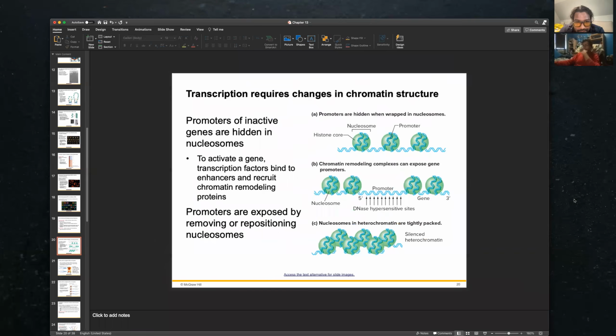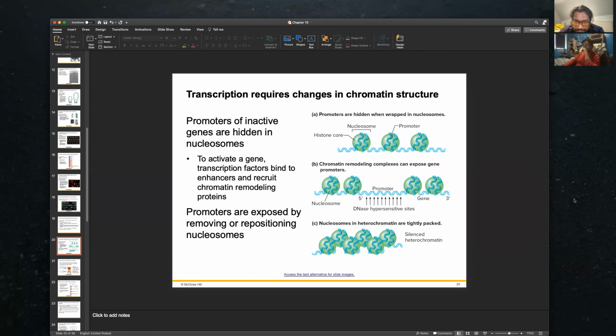Basically, transcription factors bind to the enhancers and recruit chromatin remodeling proteins. That causes that part of the chromatin to relax, exposing the gene promoters, by removing or repositioning nucleosomes.